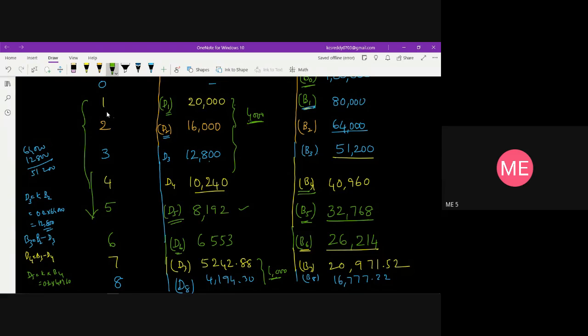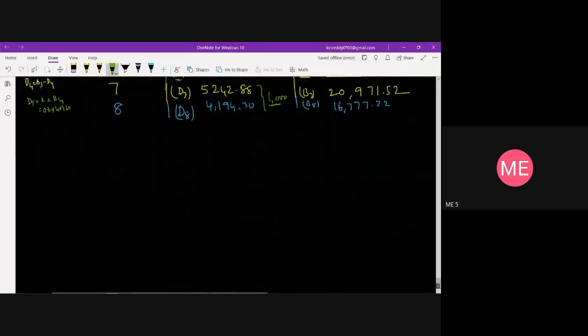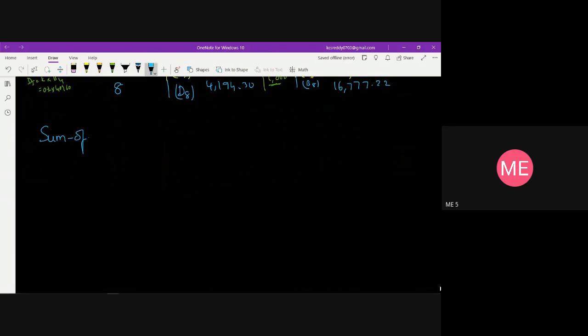So this is about the declining balancing method. Now we'll go with one more method, another method of depreciation, which is the sum of the years digits method of depreciation.